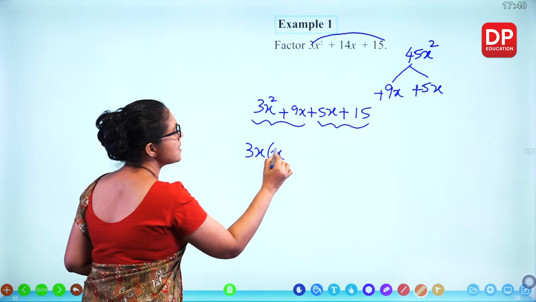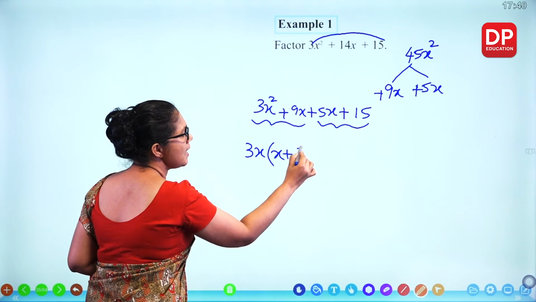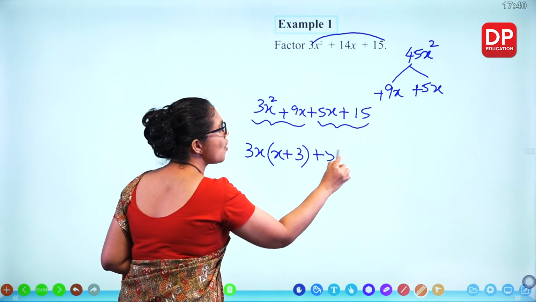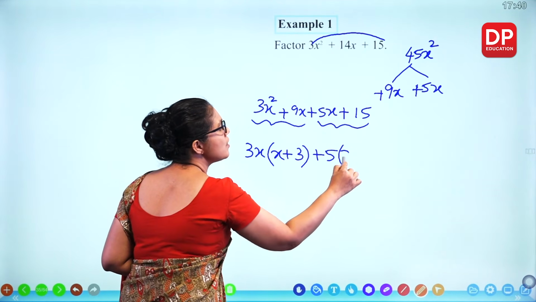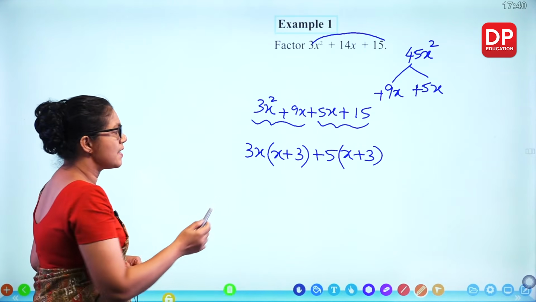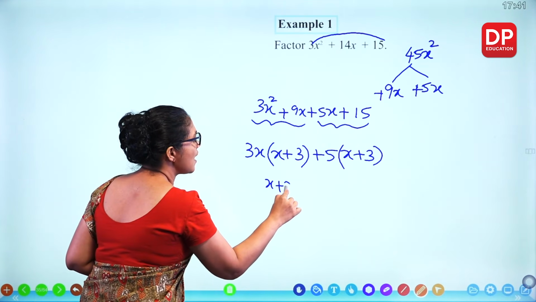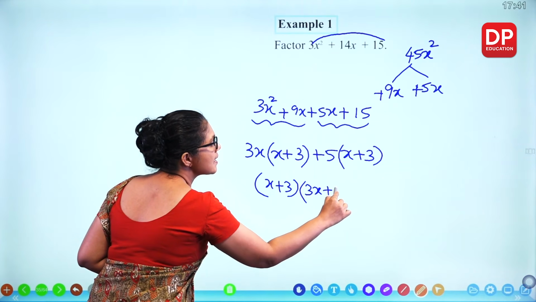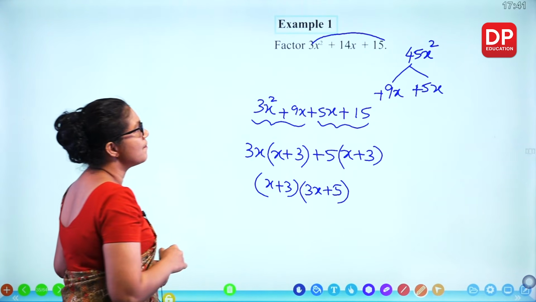The remaining part is x plus 3. In the other one, plus 5 is common, take it out and you get x plus 3. Now x plus 3 is common, take it out and the remaining one is 3x plus 5.